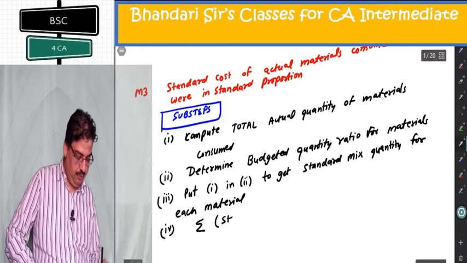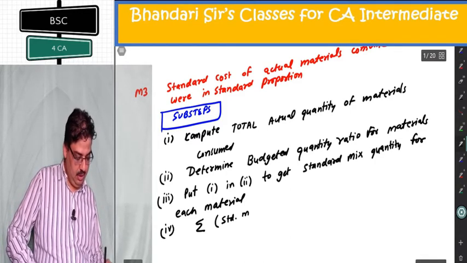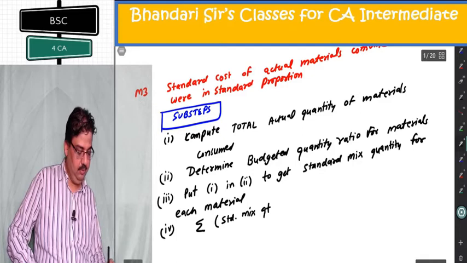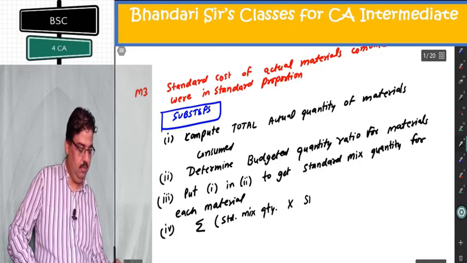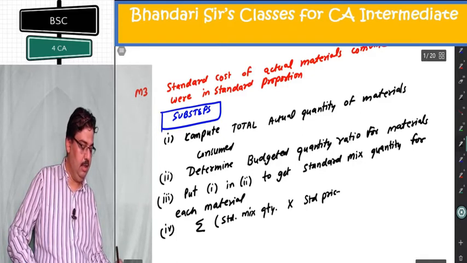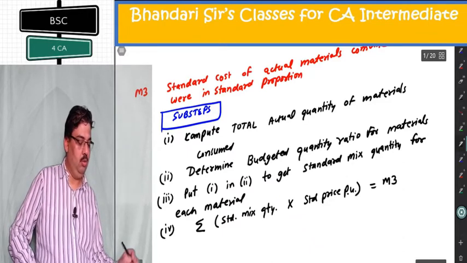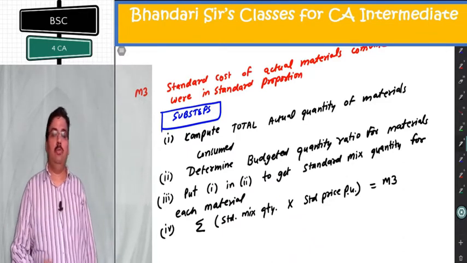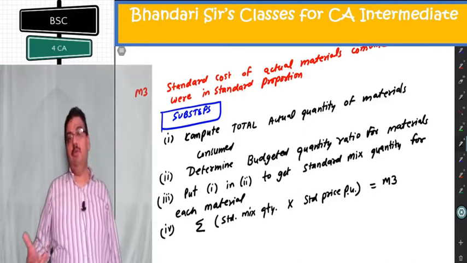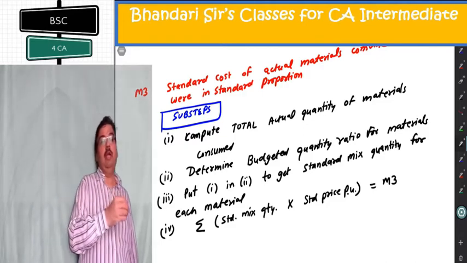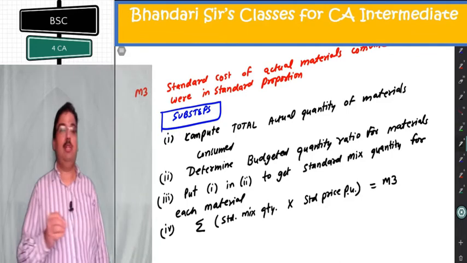Sigma of standard mix quantity multiplied by standard price per unit is equal to M3. So M3 is nothing but total of standard mix quantity multiplied by standard price per unit respectively.